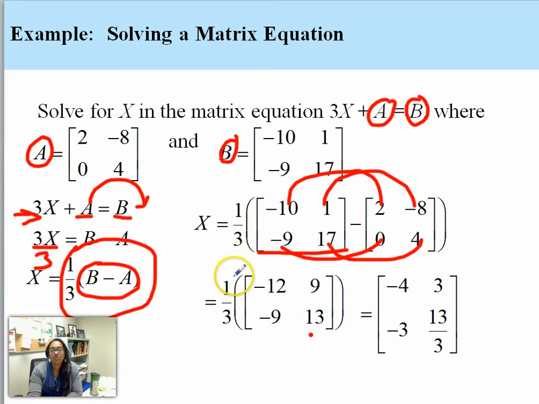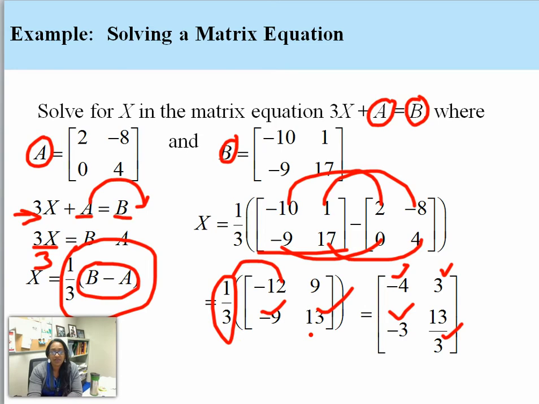And now it has to be multiplied by 1/3. That means every element has to be multiplied by 1/3. -12 times 1/3 is -4. 9 times 1/3 is 3. -9 times 1/3 is -3. 13 times 1/3 is 13/3.